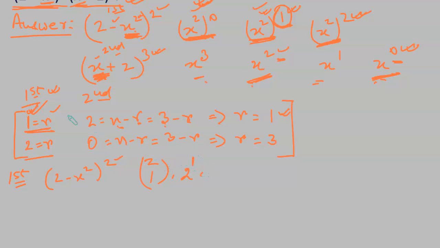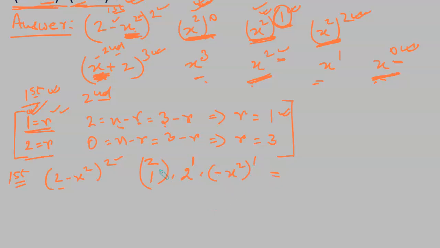So since r is equal to 1, it will be nCr with n equal to 2. So 2C1, and the first term will be raised to the power of n minus r, that is 2 minus 1, which is equal to 1. And the second term, negative x square, will be raised to the power of 1.